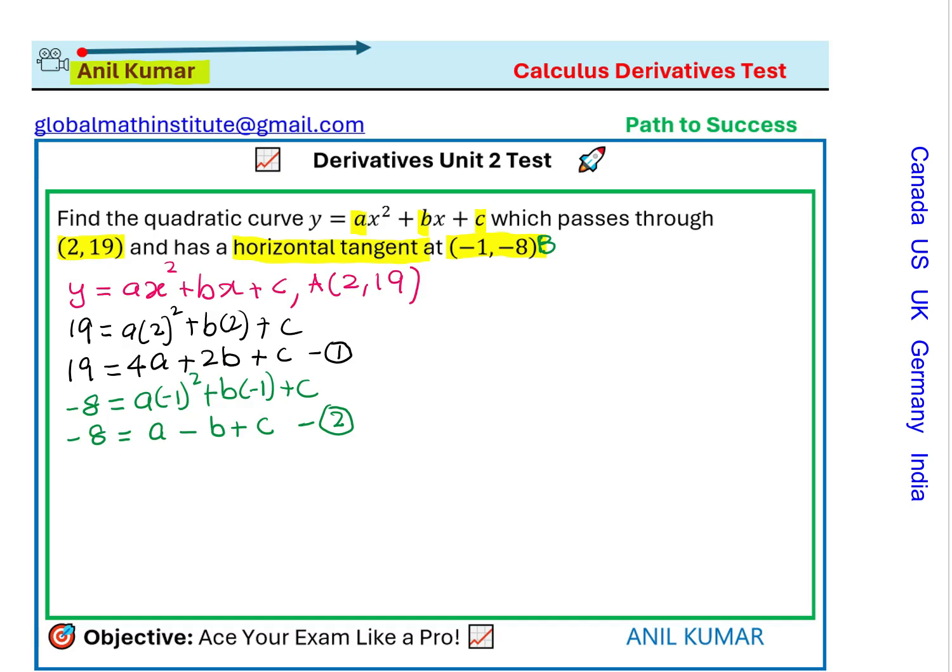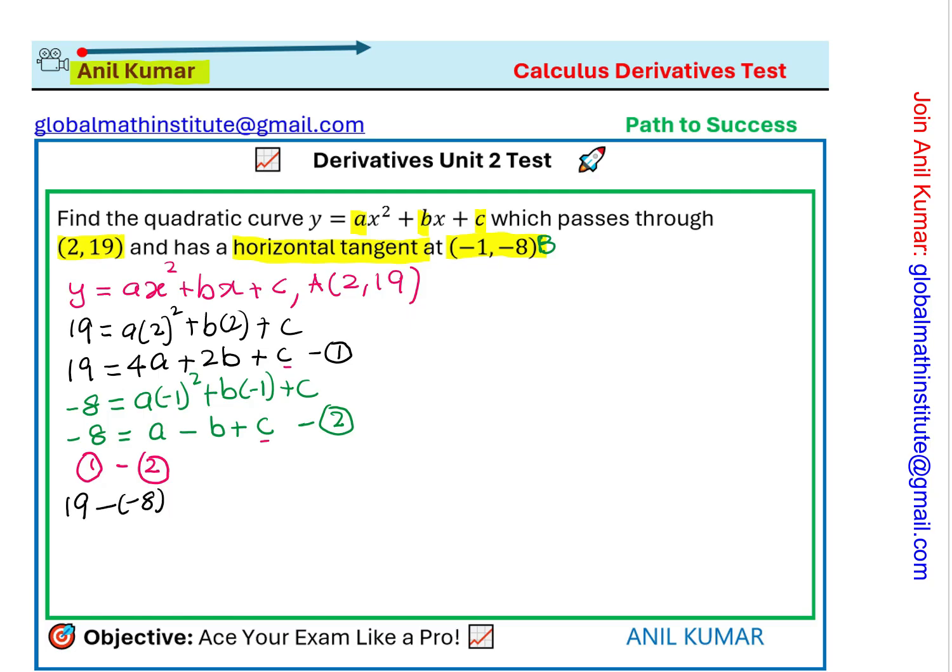Now, since we have to solve all the three equations, why not start solving right now with these two? So if I do equation 1 minus equation 2, we can get rid of c's. You see that? Correct. So we get 19 minus of -8 on the left side.